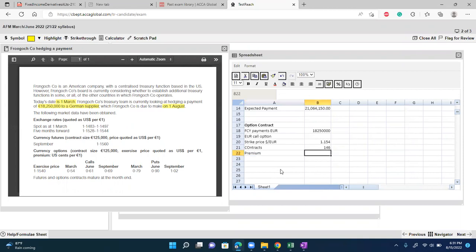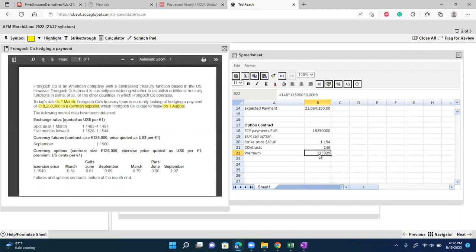Premium: number of contracts 146 into contract size 125,000 into 0.69 cents, that means 0.0069.